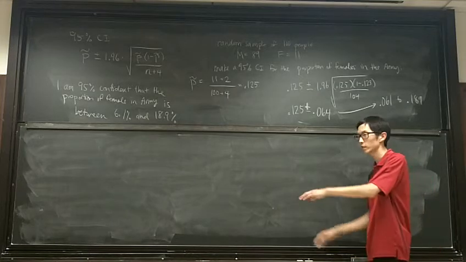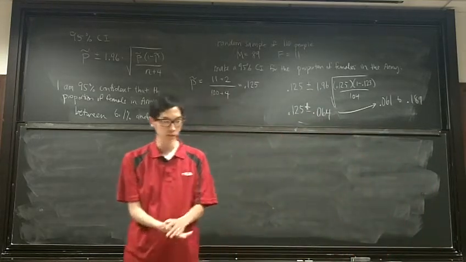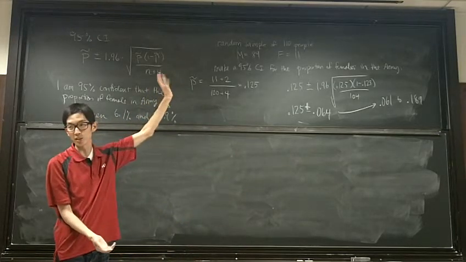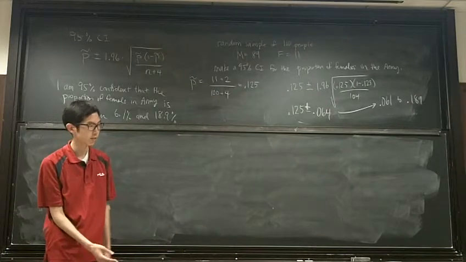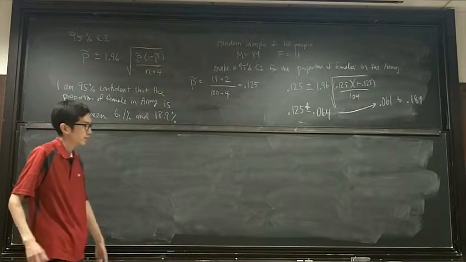With that kind of data, you can do both confidence intervals or hypothesis tests. And we've already done hypothesis tests using the chi-square goodness of fit test. All right.